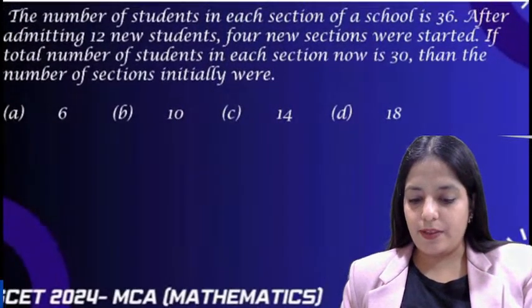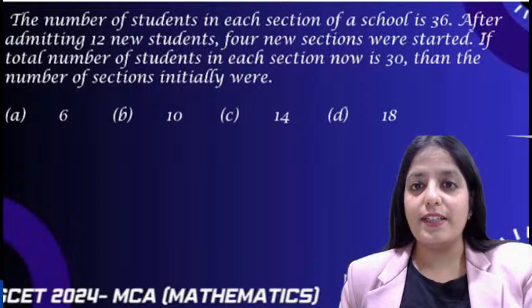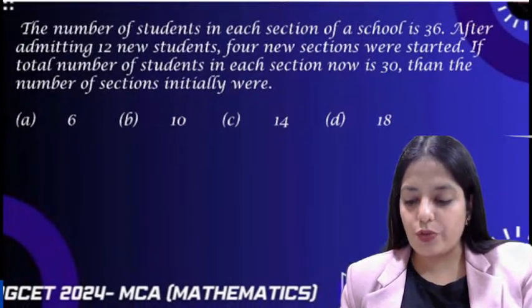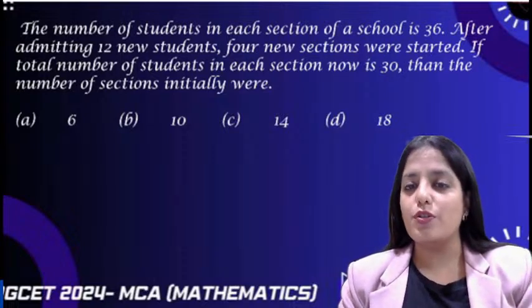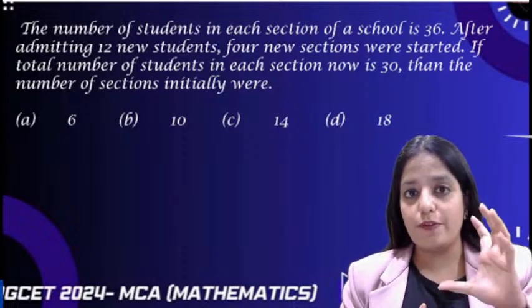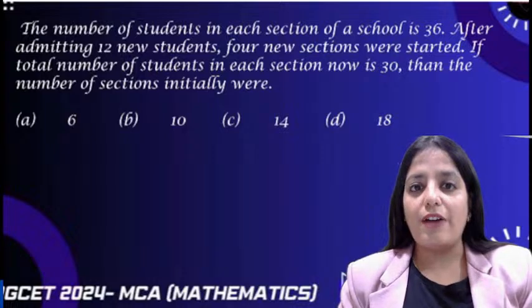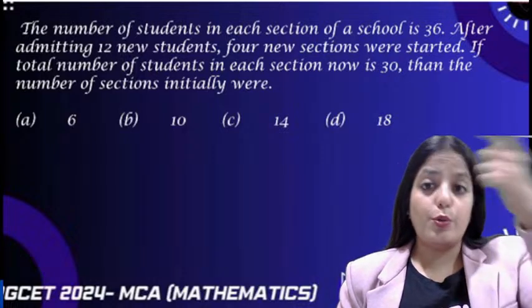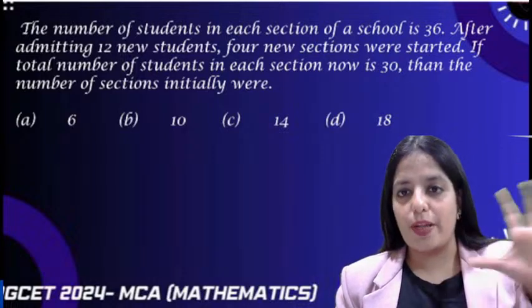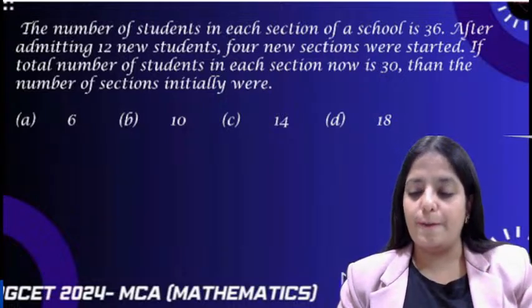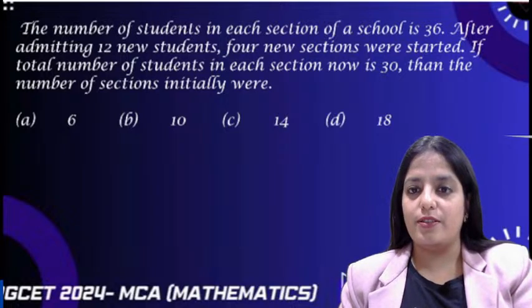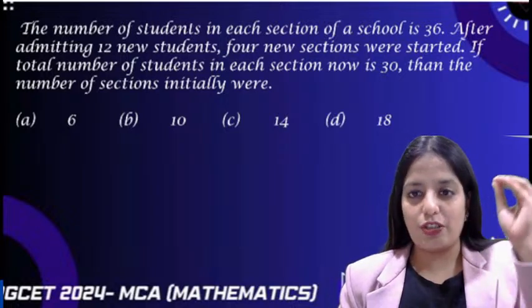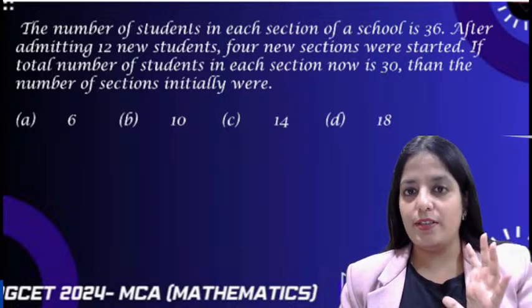It says the number of students in each section of a school is 36. After admitting 12 new students, 4 new sections were started. So we don't know how many sections were there earlier.